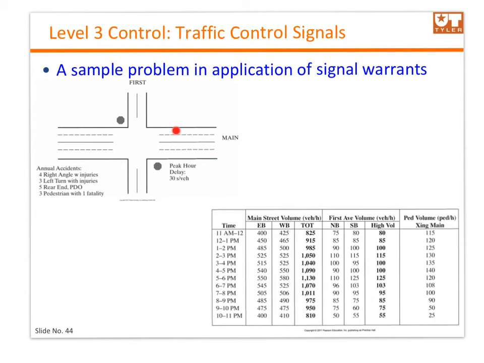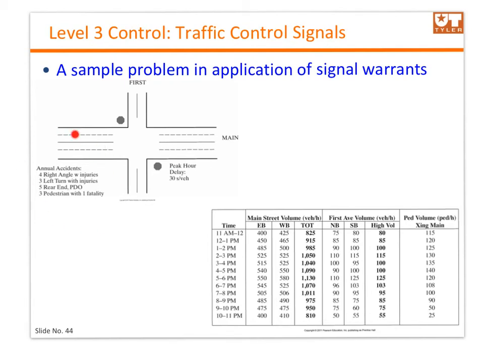The delay is going to be used in one of the criteria, as we're going to see in a little bit, which I think is warrant 3. So we're saying the delay in general is 30 seconds per vehicle. Also, there is information related to the crash experience or the accidents, because this is going to be used in warrant 7.